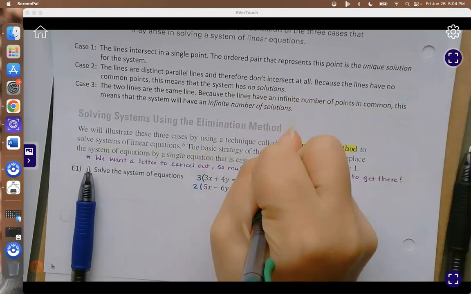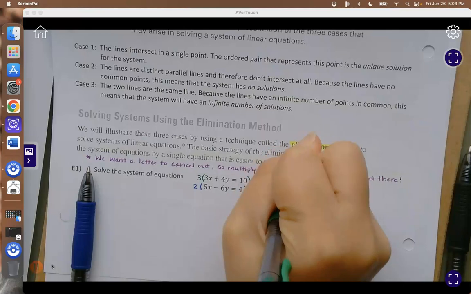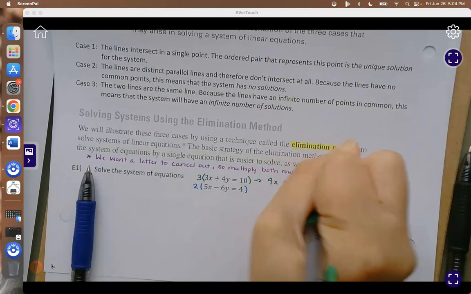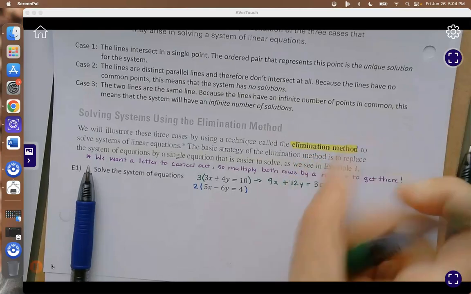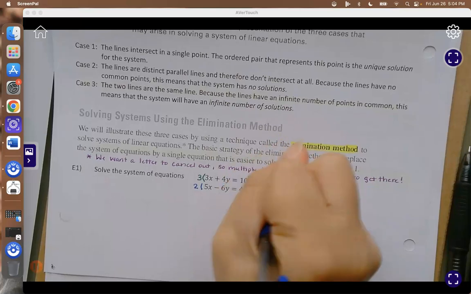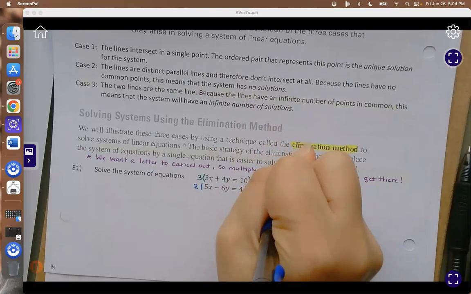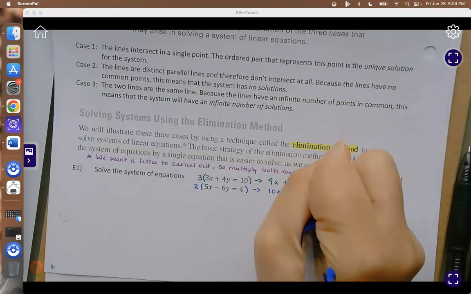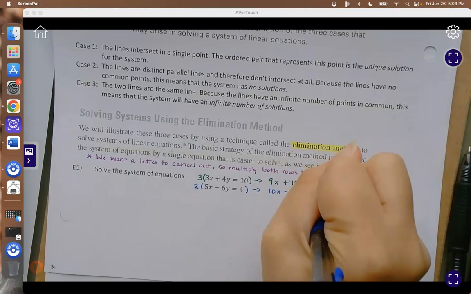So this is going to become 9x plus 12y equals 30, and this is going to be 10x minus 12y equals 8.